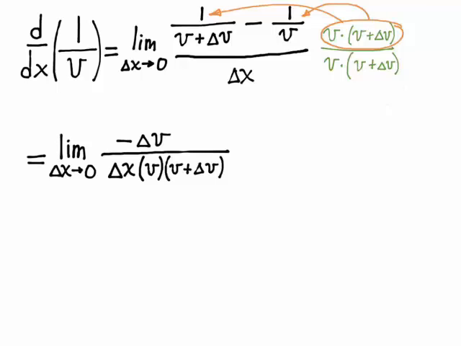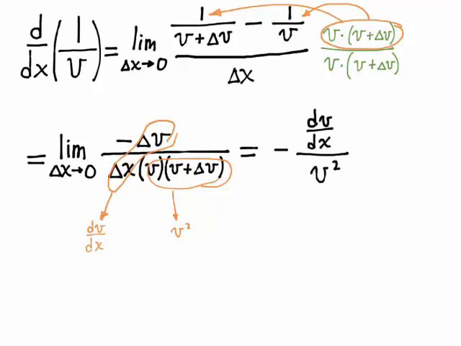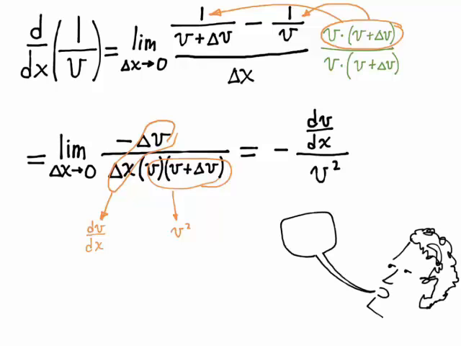This limit can be evaluated because we have a factor in there whose limit we know. The limit of delta v over delta x is the derivative dv over dx. And the other part of the denominator, when I set delta x to 0, then delta v vanishes and it becomes v squared. So the limit is seen to be negative dv over dx divided by v squared.